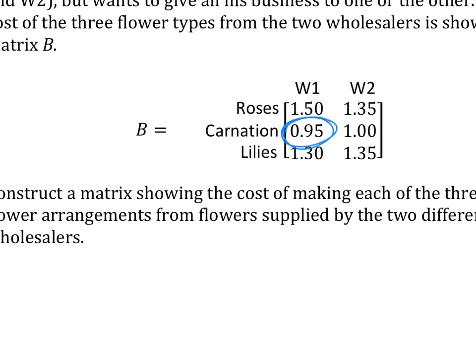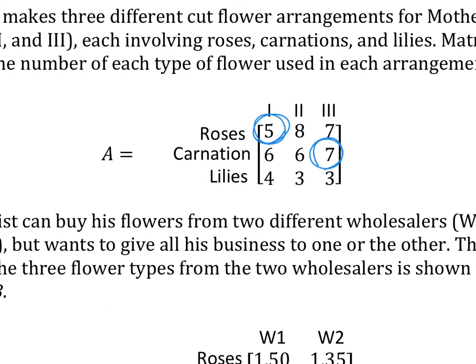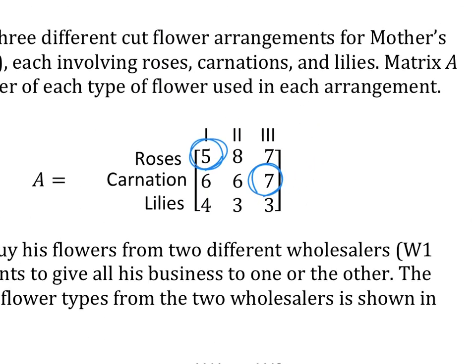Okay, all right, so we need the cost of making each arrangement from 2 different wholesalers. This is kind of crazy what we need to do here, so let's analyze it a little bit. What is the size of matrix A? 3 by 3. The first 3 means rows, row by column.